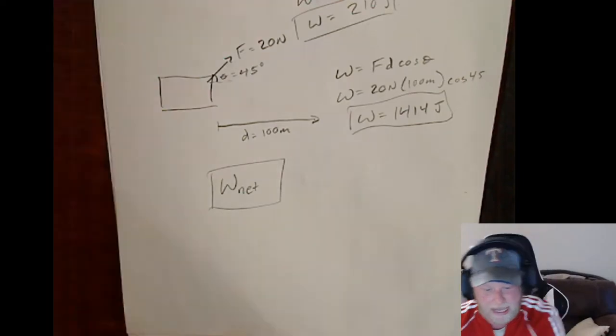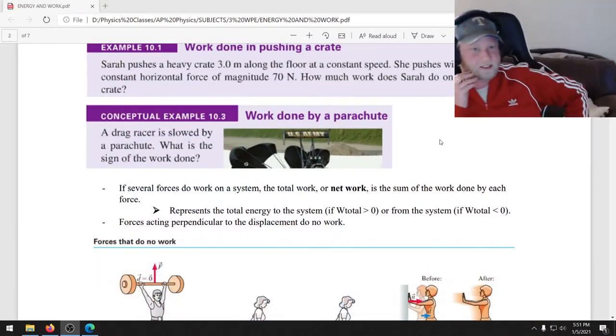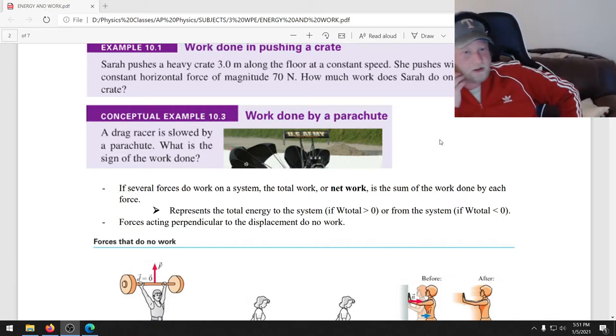So let's take a look at example 10.3. You've got a drag racer that is being slowed down by a parachute, and we want to know the sign of the work done. So pause the video, take a second, see if you can figure that out.